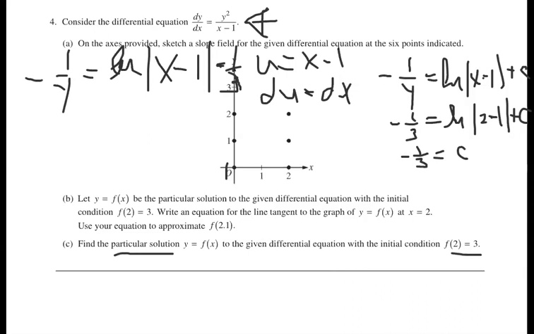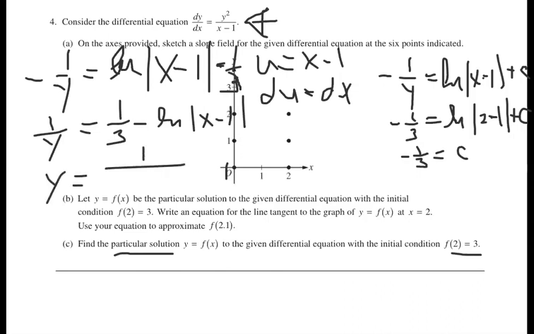What I think I'm going to do is multiply each side by negative 1 to get rid of the negative over here on this left side, and that's going to make that third positive and make the natural log part negative. And then I'm going to flip both sides upside down, so y is going to equal 1 over 1/3 minus natural log of x minus 1. And that is good enough for our equation.